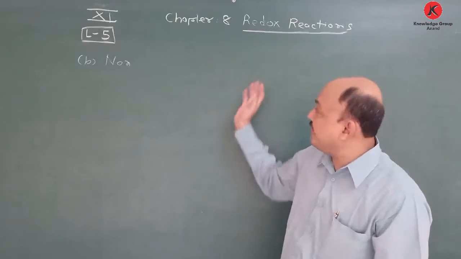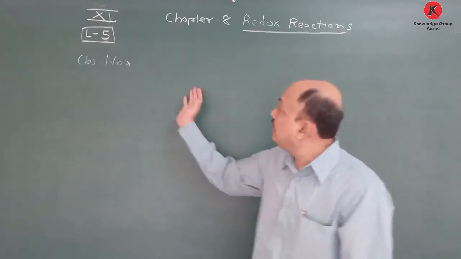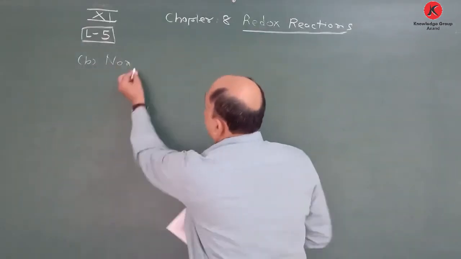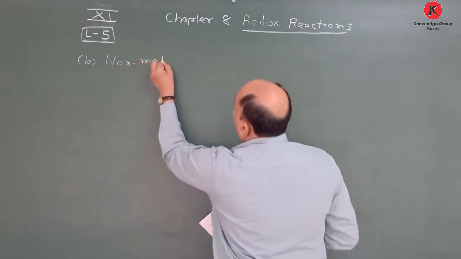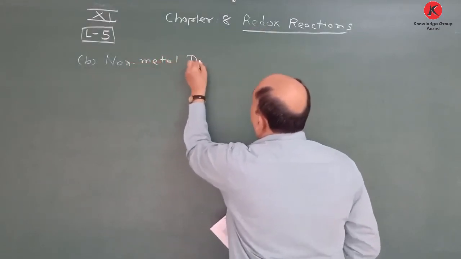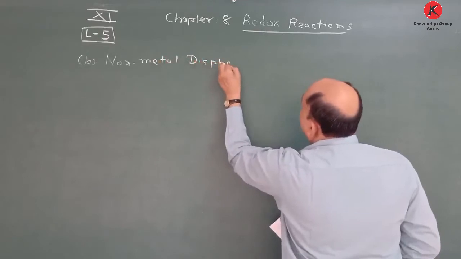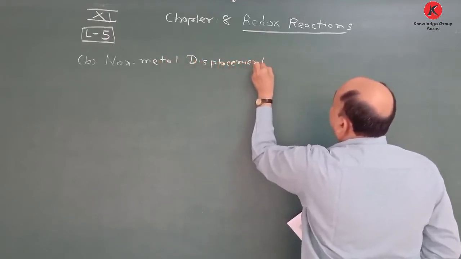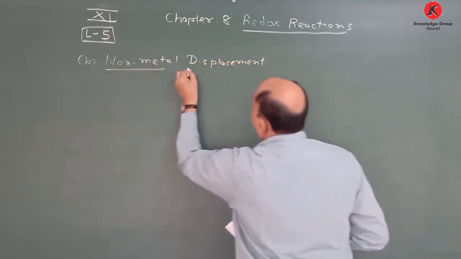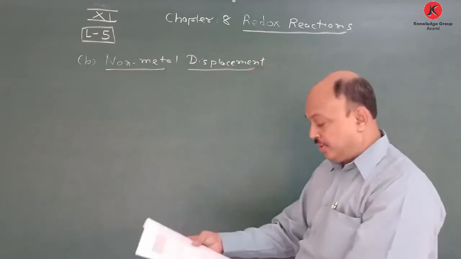Now chapter 8, Redox reaction, in which we continue with non-metal displacement. So what is the meaning of metal and what is the meaning of non-metal? Are you familiar with this?